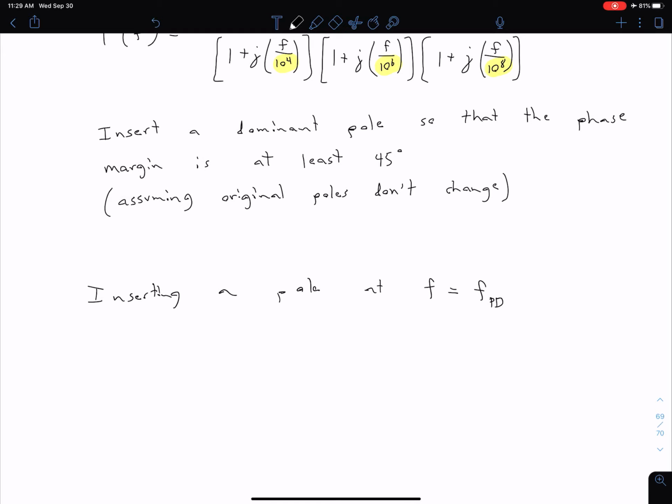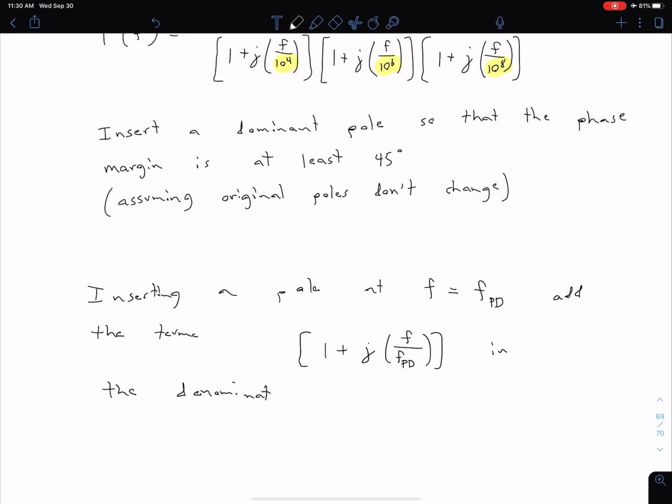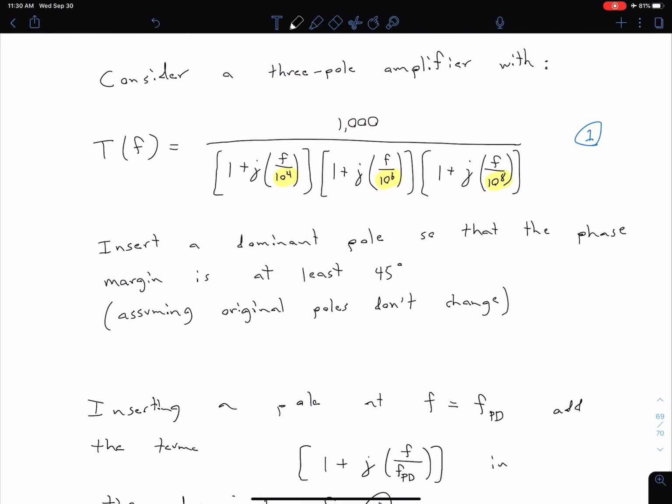And what that's going to do is add a term to our equation above. It adds the term 1 plus j times the quantity f divided by f sub PD in the denominator of equation 1 above. So basically we're going to add another term right here.